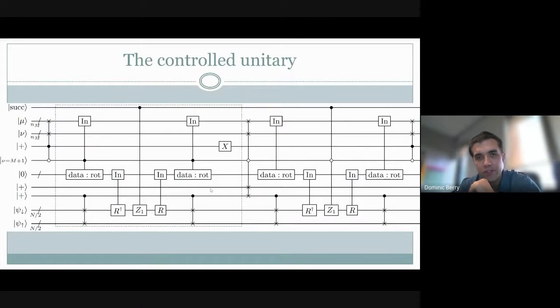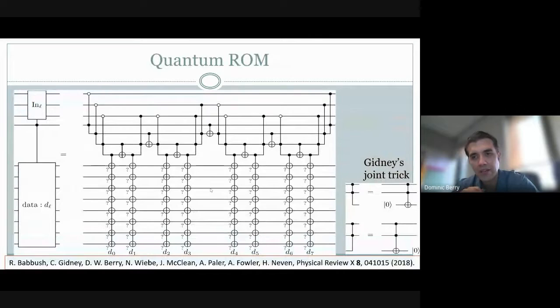And I won't have time to talk about the controlled unitary. I'll talk a bit about the ideas of the quantum ROM, which is used to output the rotations for these change of bases. So the general idea was that we want to have these sequences of Givens rotations in order to rotate the basis.